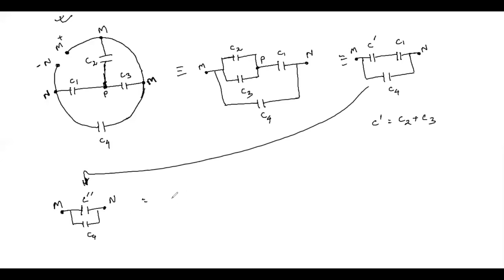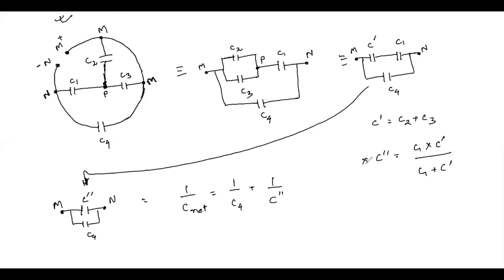Now your net capacitance C net is nothing but 1 by C4 plus 1 by C double dash. Now C double dash is nothing but the equivalent capacitance of C1 and C dash. So C double dash is nothing but C1 multiplied by C dash by C1 plus C dash.